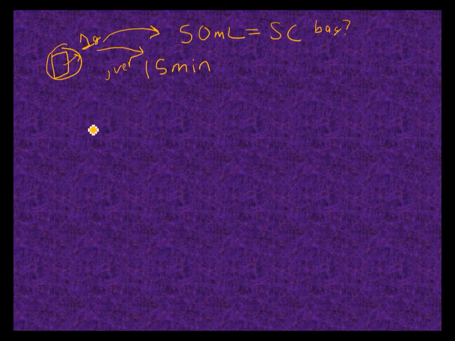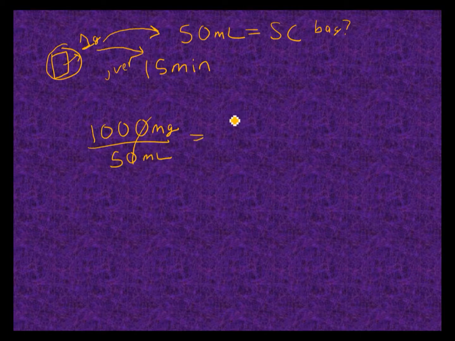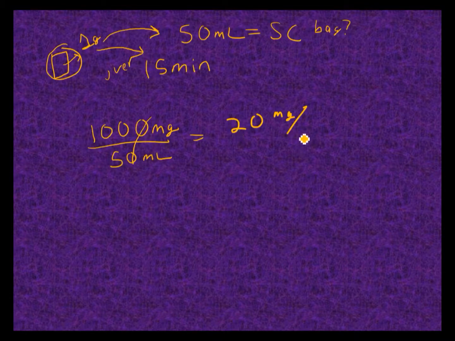So here it is. 1 gram, which is 1,000 milligrams, and I have placed it into a 50 milliliter bag. That means the simple concentration is going to be 20 milligrams per milliliter. There we go. 20 milligrams per milliliter.